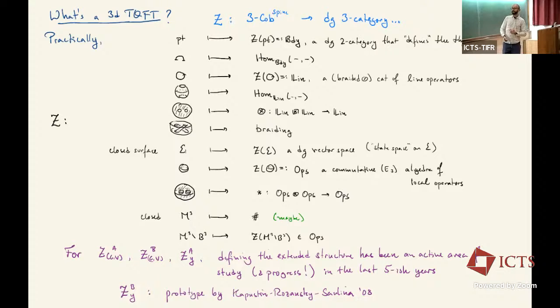A lot of this active work takes inspiration from work of Kapustin-Rozansky-Saulina on Rozansky-Witten theory, on the B-twist of hyperkähler targets. So they actually described all this categorical data in the case that the target is a smooth complex cotangent bundle. Right, so that's the TQFT part of this.